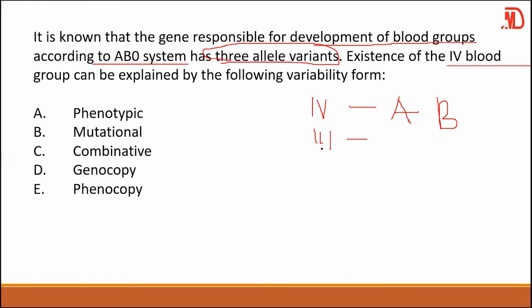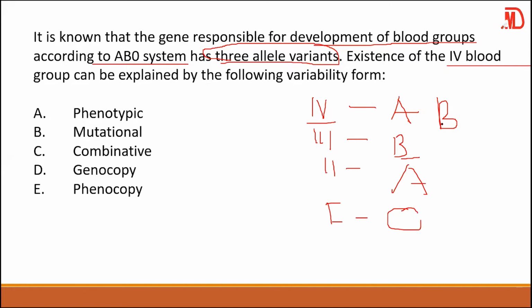Blood group III is blood group B. II is blood group A. I is blood group O. Please, that is just by the way. So now we have a single blood group B, blood group A, blood group O. But in blood group 4, or AB, it's a combination of blood group A and blood group B, isn't it?